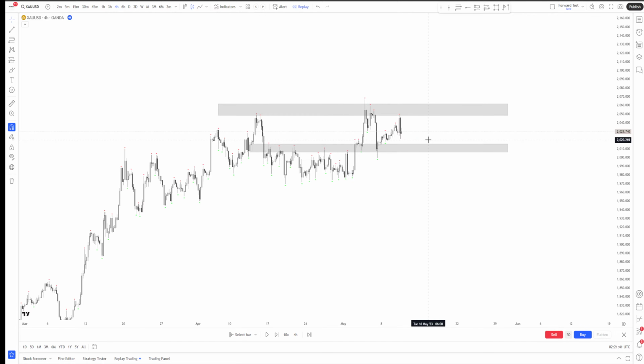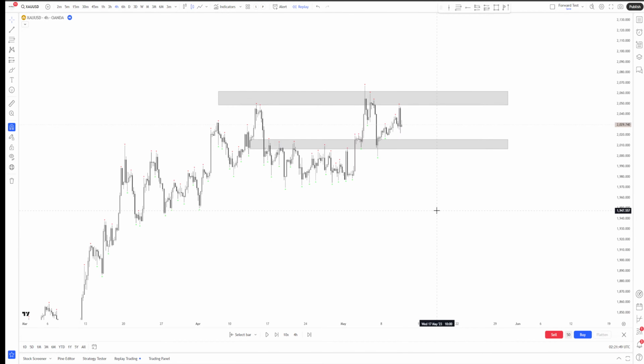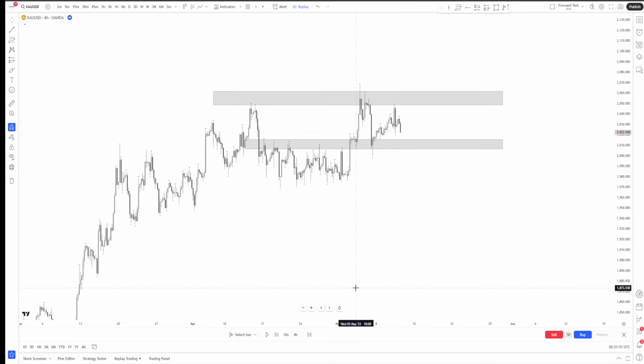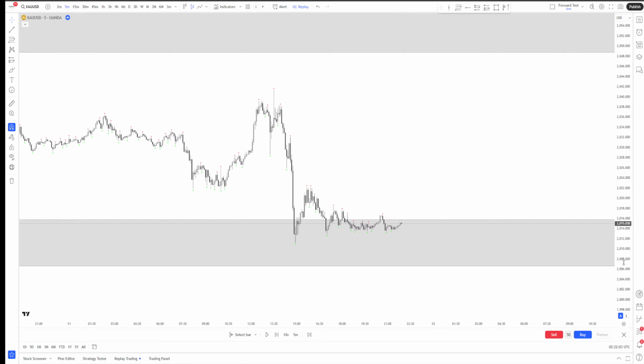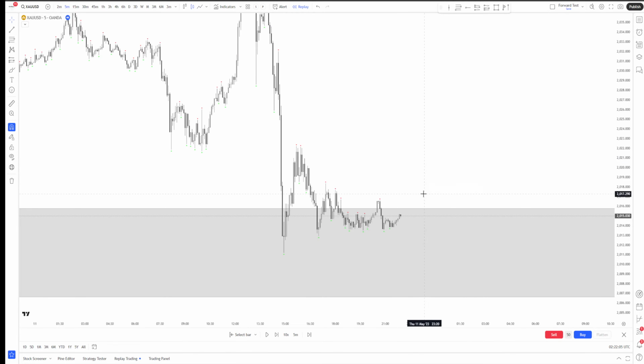When it came to the back testing on the lower time frame, to be able to find those entries were quite interesting. So let's see, for example, here what happens when price gets to that level. If it does, okay, in this instance it has. So now that price has reached this level, we are going to be going on the 5 minute chart, and all we're going to do is try to look for a market structure shift.